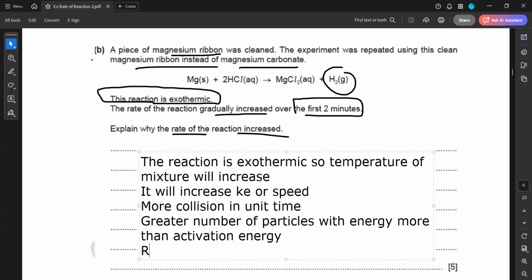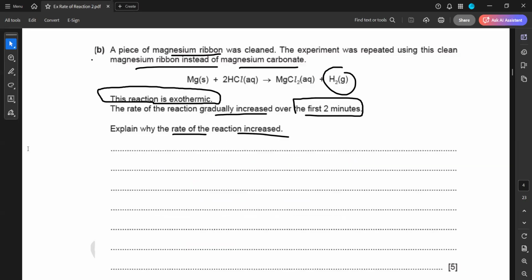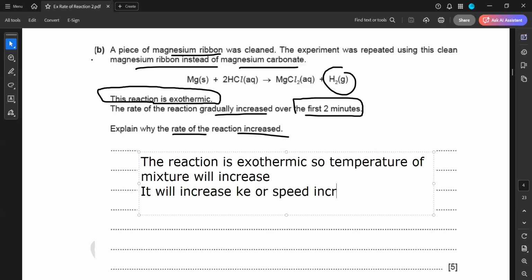So the kinetic energy increases, and we can also say there are more collisions in unit time.